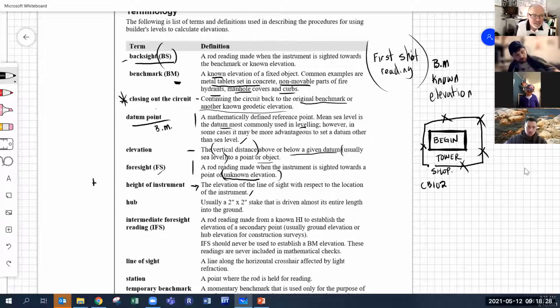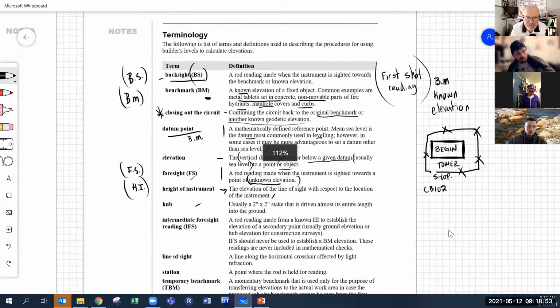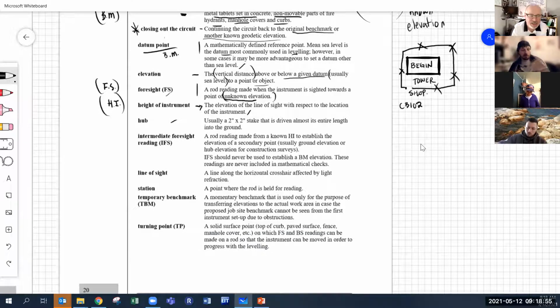So this is abbreviated HI, right? This is FS. This is BM, and this is BS. So those are some of the little indicators of what those are. Now, a hub. A hub is usually a stake that's driven into the ground, and it's usually just an elevation that is written on that stake.